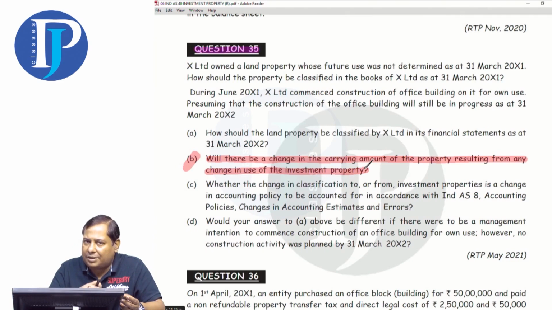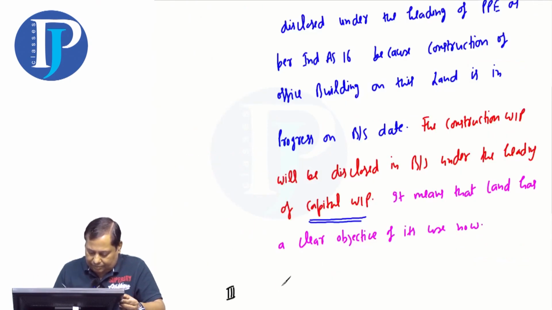In this, the company initially had an IP. Now it's a PPE. Transfer will be at carrying amount. There will be no change in value.